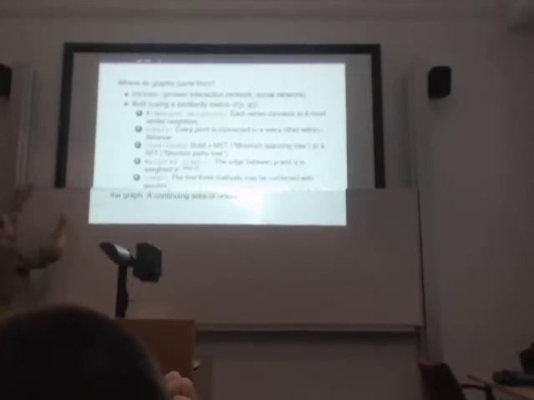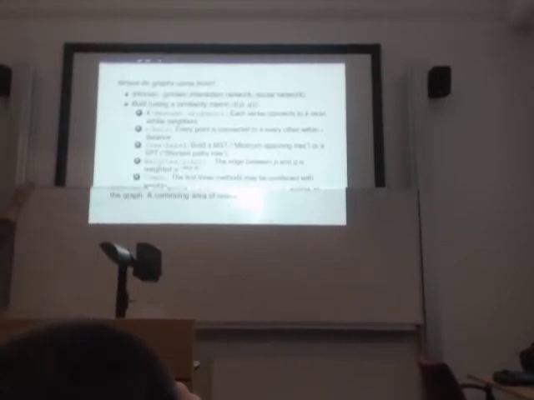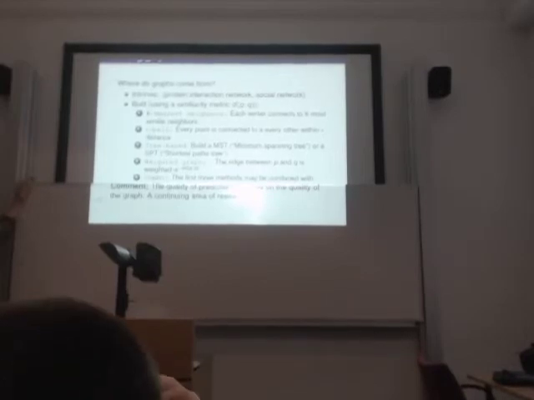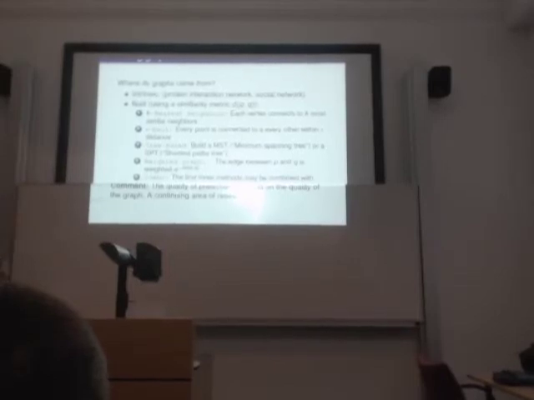A graph is specified by a set of vertices and edges which join two vertices. For us, it's an undirected graph, so if we have an edge between vertex 1 and vertex 2, that means we have an edge between vertex 2 and vertex 1.